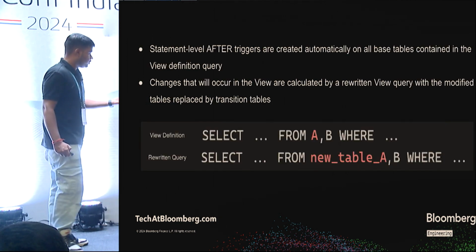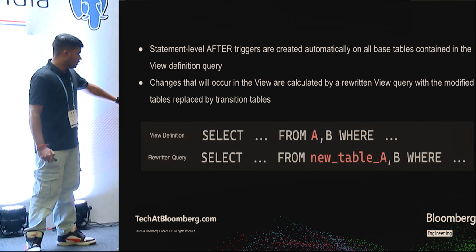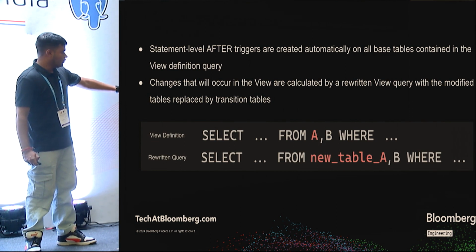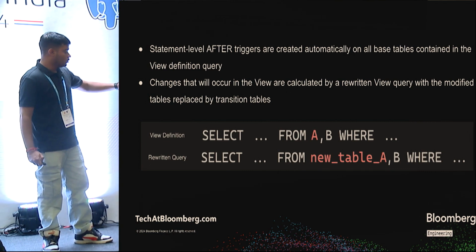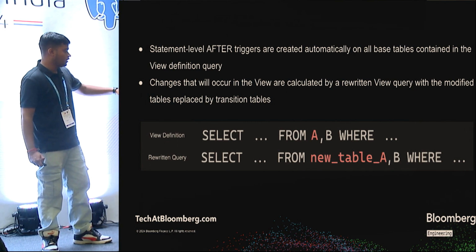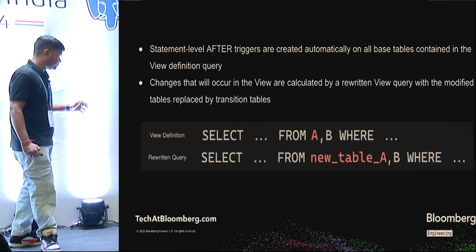Here we can see that we are using the transition table in the second query, and the new underscore table underscore a now denotes the delta a that we were talking about in our earlier slides.